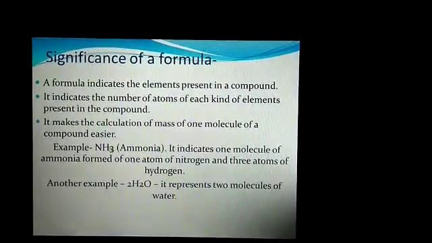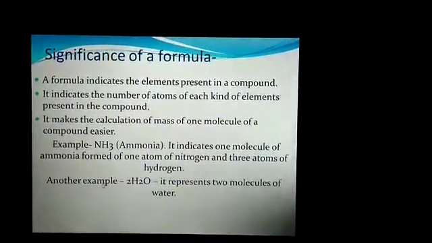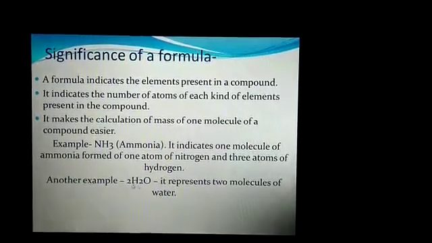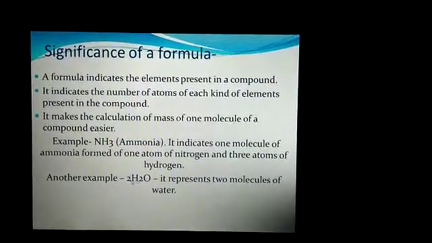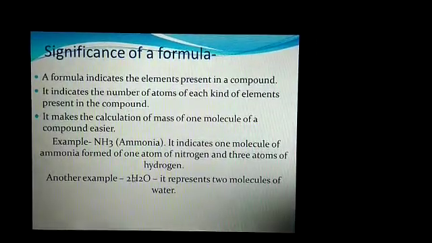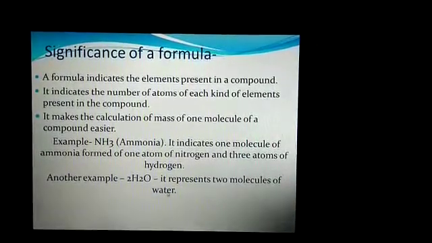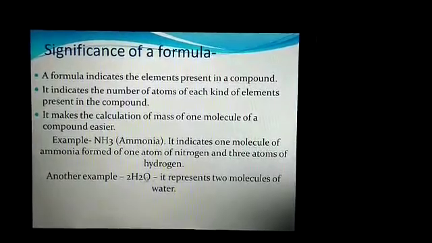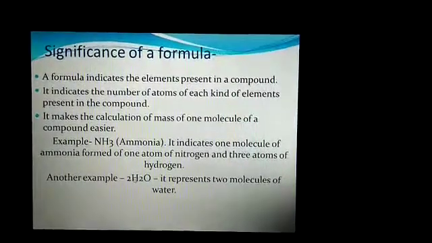Similarly, another example is 2H2O. Here the number 2 is written before H2O and it represents 2 molecules of water. And you know, 1 molecule of water is composed of 2 atoms of hydrogen and 1 atom of oxygen.